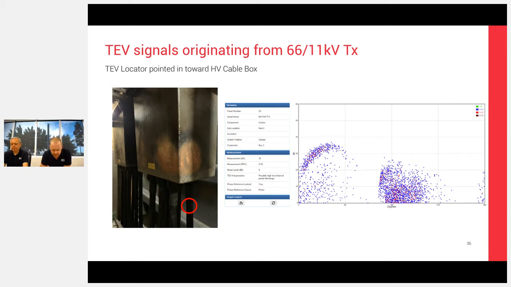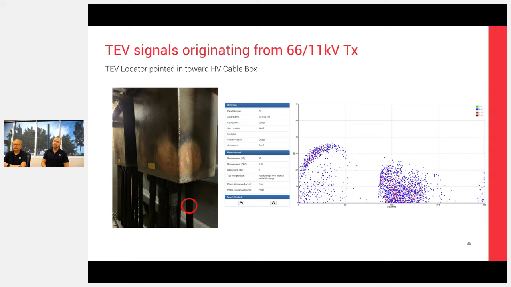And in there, I found levels of 36 decibels and 0.76 pulses per cycle. But I found the exact same pattern. I also was able to get the UltraTEV locator out and use the locator. I tested between all of those cables there. There's actually 6 cables going into that box. I was able to go red to red, red to white, red to blue, and also up into the cable box and find a direction.